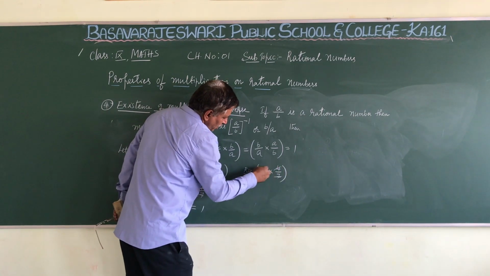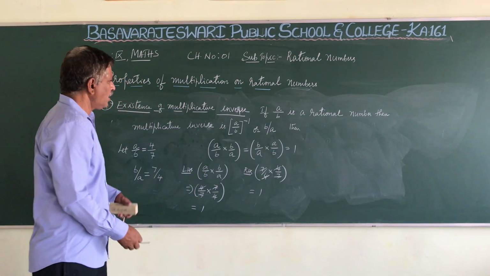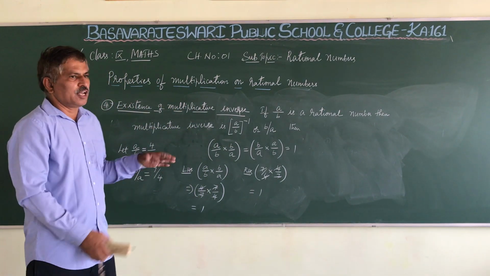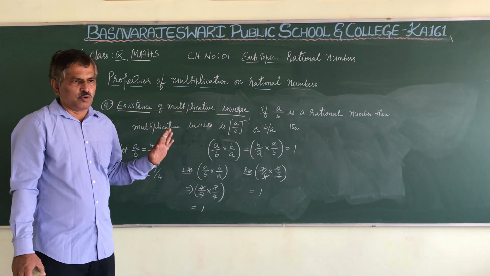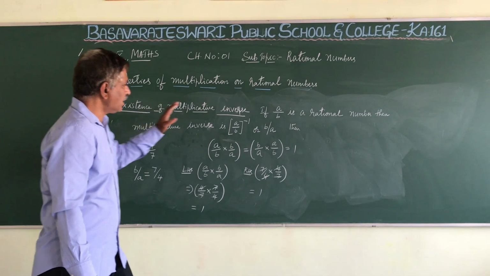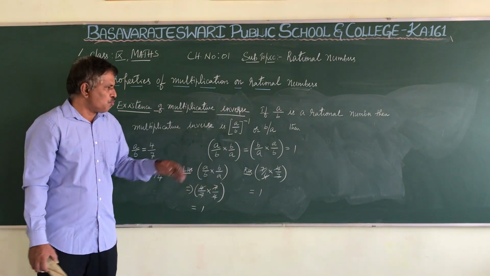After simplifying, I will get 1 only. So very clearly, when a rational number is multiplied by its inverse, the result will be 1 only.